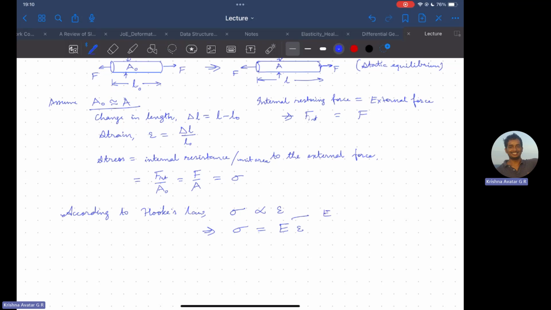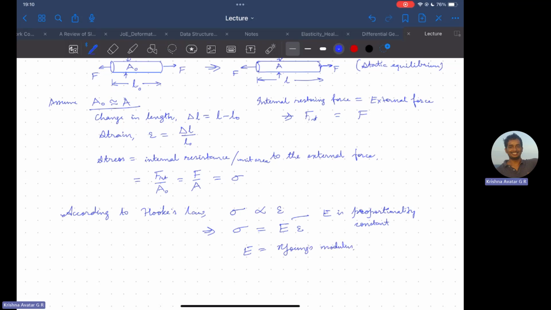So E is the proportionality constant, and E is often called the Young's modulus.